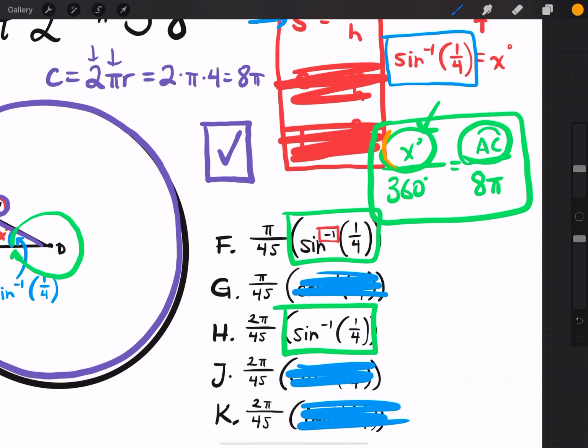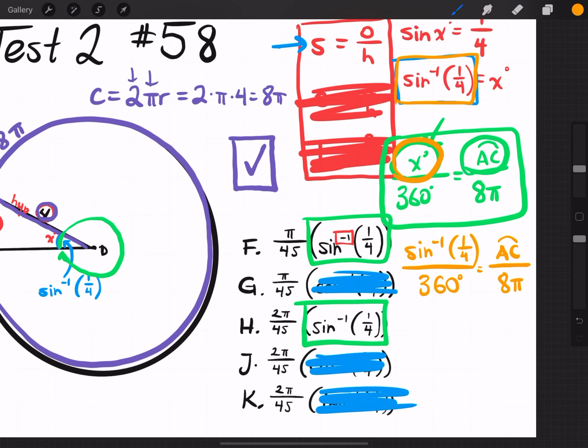Instead of x degrees right here, I'm going to write down what we said x was equal to, inverse sine of 1/4. Oh, I'm going to have a hard time with room here. Over 360 degrees equals arc AC over 8 pi. You know what? I didn't run out of room, which really, all things considered, was great.